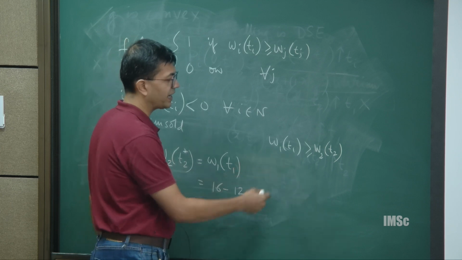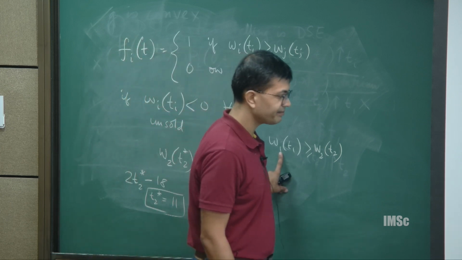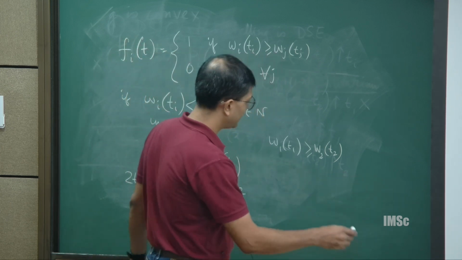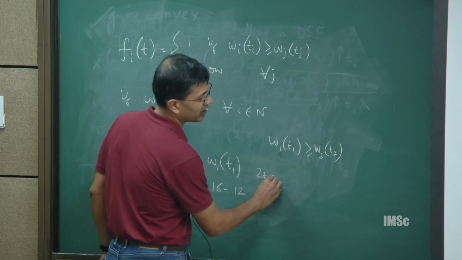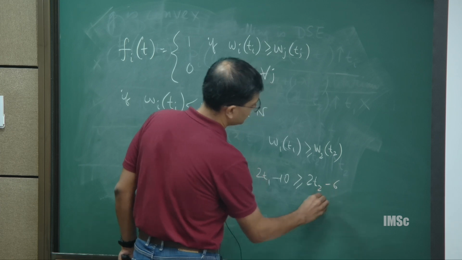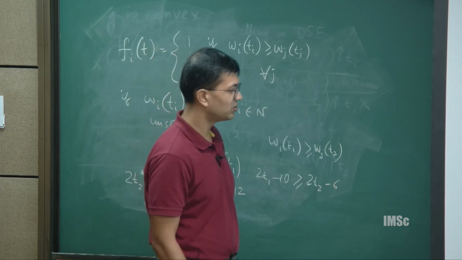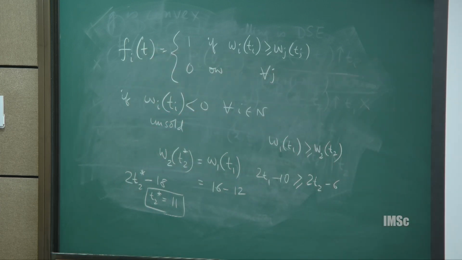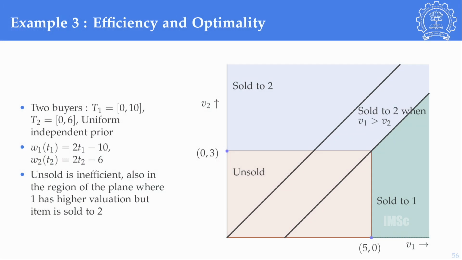Let us say we are breaking ties in favor of agent 1 anyway. Then you get the equation of a line: 2 T1 minus 10 is greater than or equal to 2 T2 minus 6. That line is what you get when you set it as equality. When T1 is larger than that, that is, you are on this side, then you will sell it to agent 1. If you are on this side, then you will sell it to agent 2. That is the optimal mechanism according to what we have done so far.